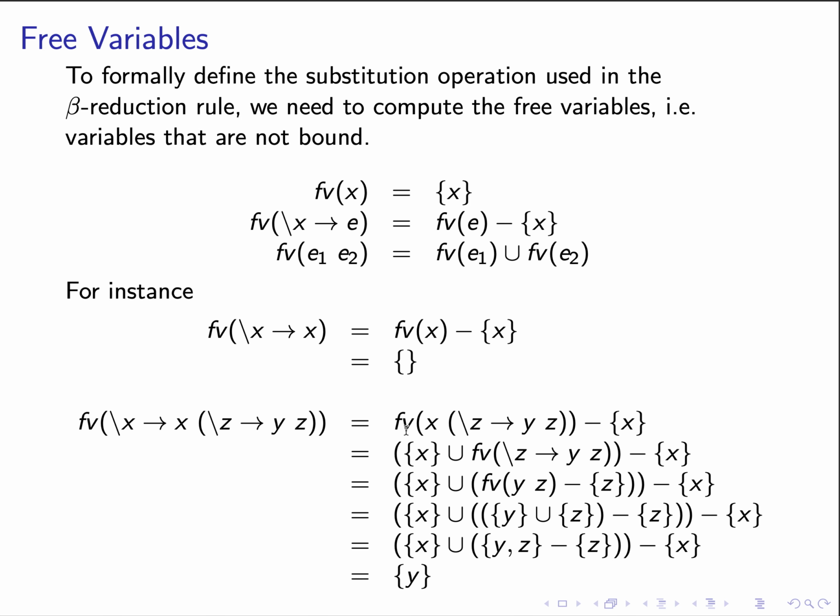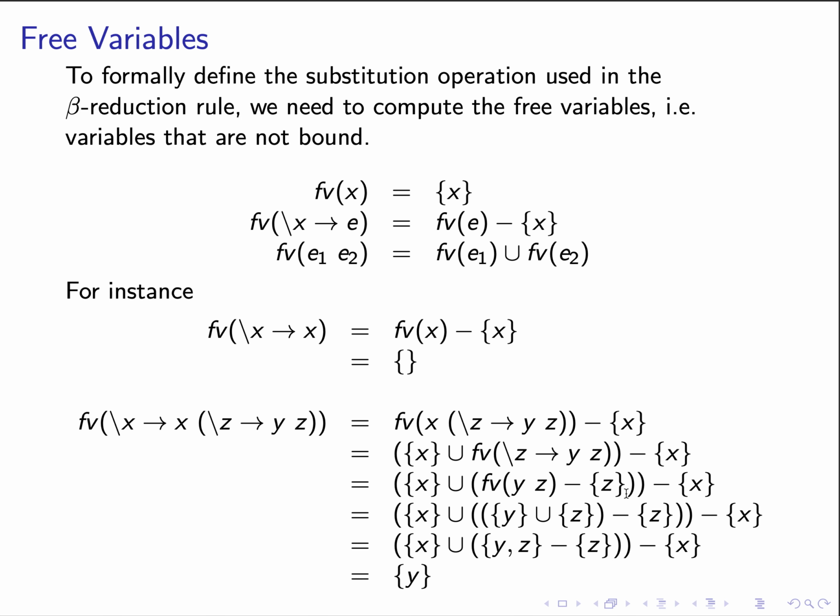If we work out the detail, the free variable of this is basically the free variable of a function application. Then we compute the free variable of the first term, this is my E1, and the free variable of my E2. This one is simple: we get a singleton set containing x, and we union with the free variable of the second part. Working out the detail, this is a lambda abstraction, so I have to compute the free variable of its body, and then subtract away the formal argument z.